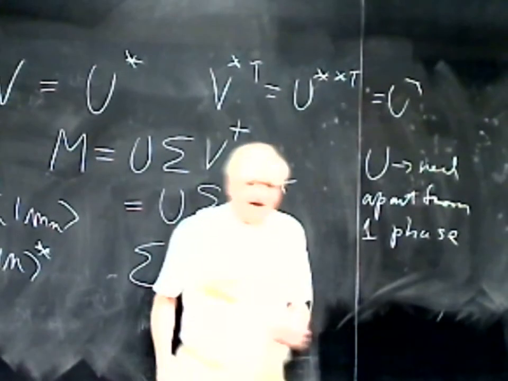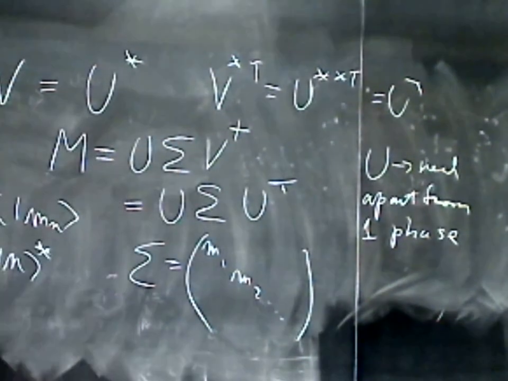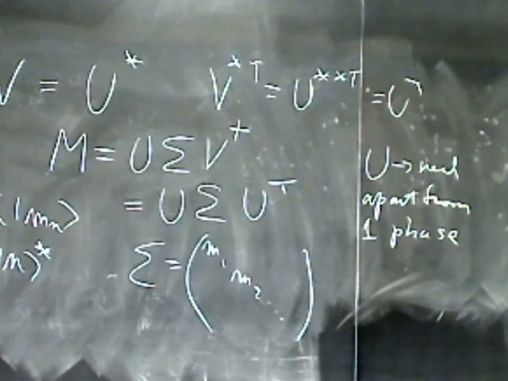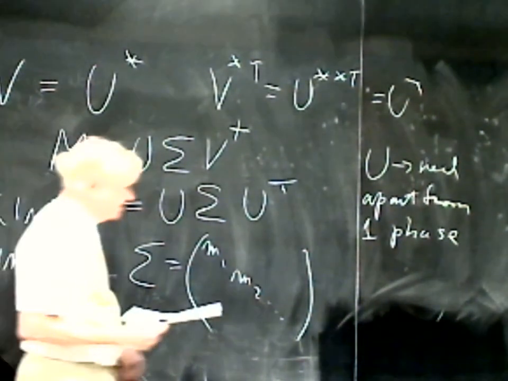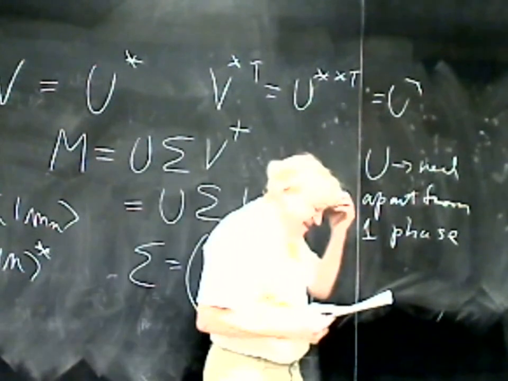And that phase causes a violation of a symmetry that's a combination of parity and charge conjugation. It's called CP.